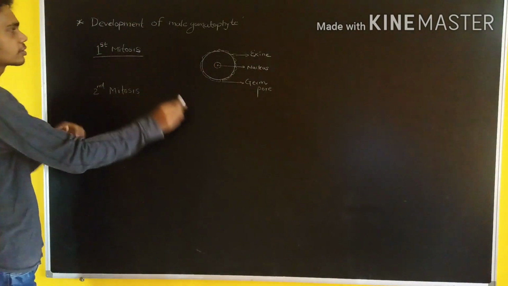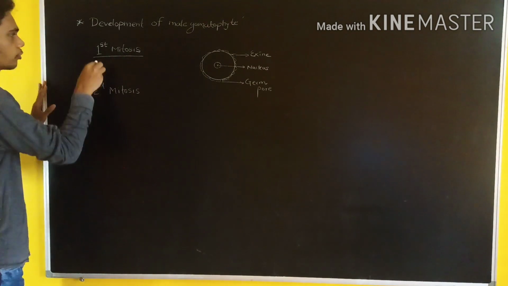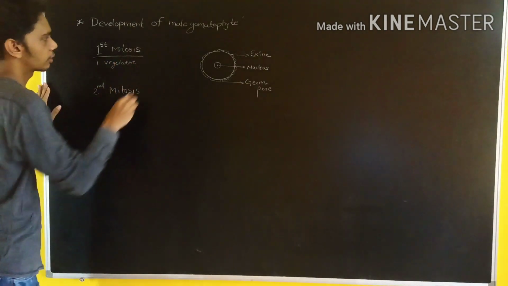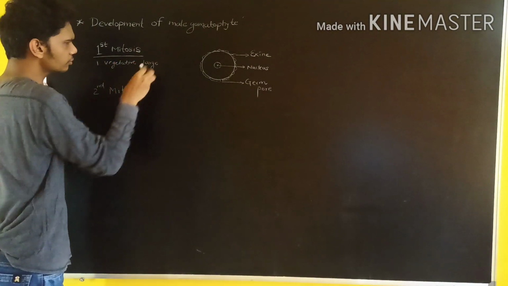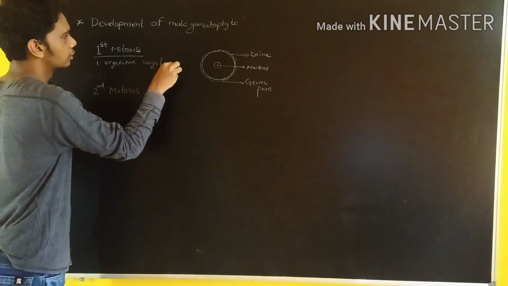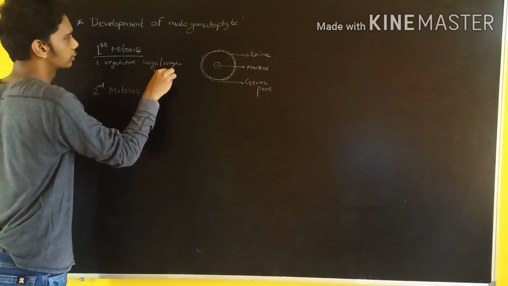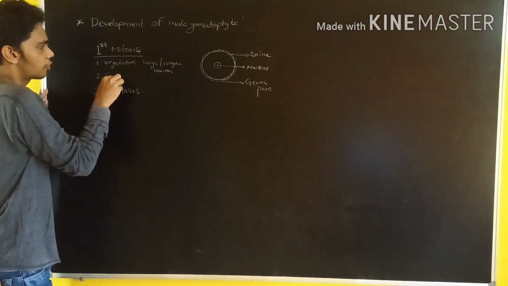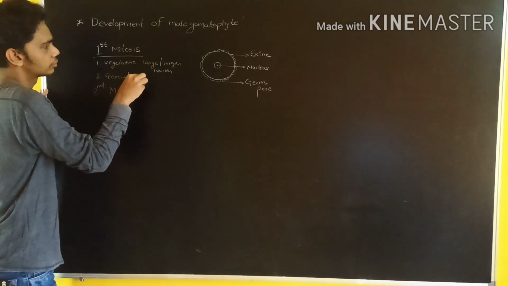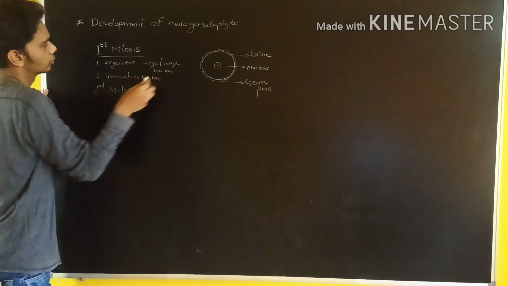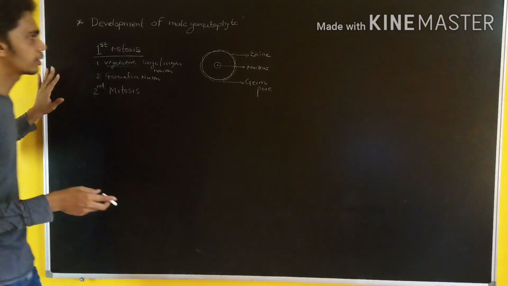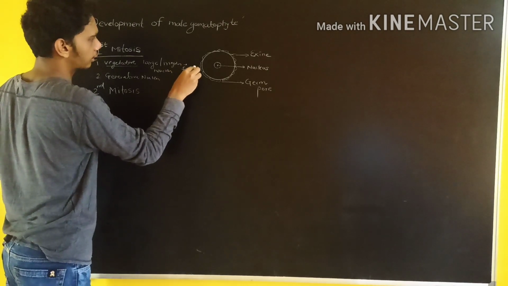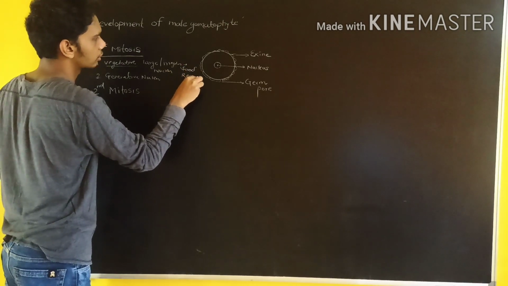The first mitotic division results in the formation of the vegetative cell, which has a large and irregular nucleus, and the second is the formation of the generative nucleus. The vegetative cell, which is formed, is large and irregular, and acts as a food reservoir.